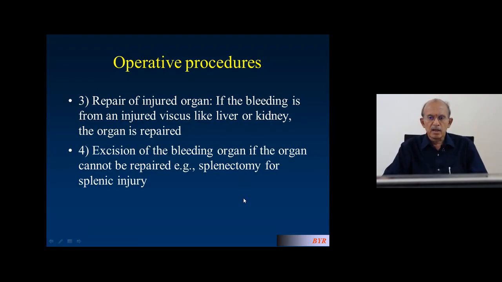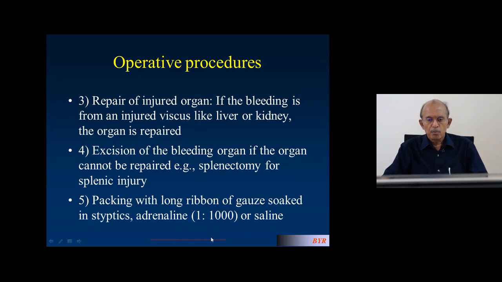Then excision of the bleeding organ if the organ cannot be repaired. Example, splenectomy for splenic injury. Packing with long ribbon of gauze soaked in styptics, adrenaline, or saline. So you can soak the gauze with saline and pack there. By that you can stop the bleeding.